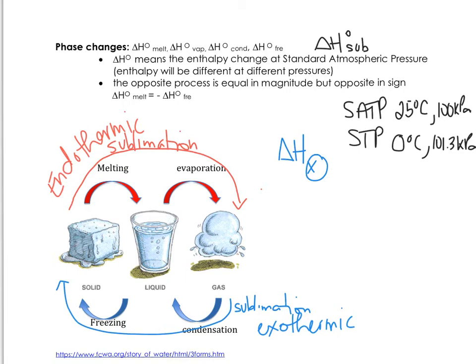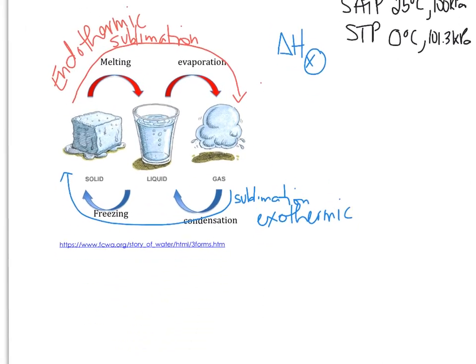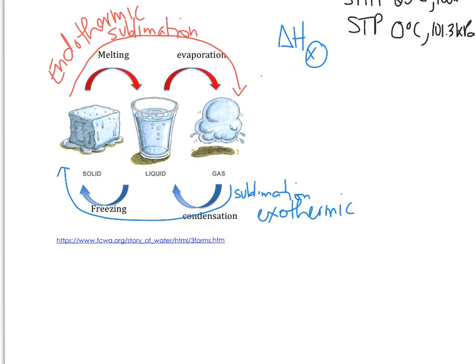Now back to this opposite process, opposite sign, but same magnitude. So the enthalpy change for the melting of ice, so delta H melting, is 6.01 kilojoules per mole of H2O melting.